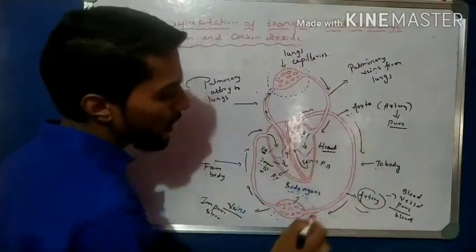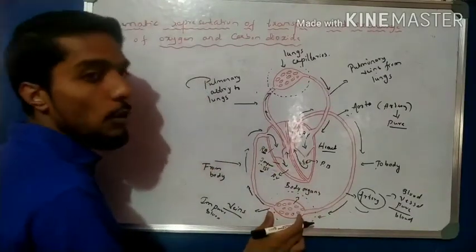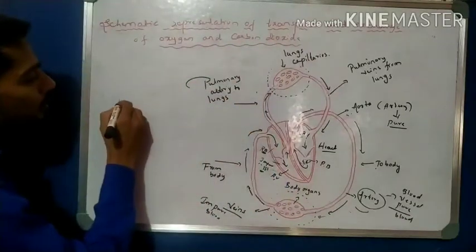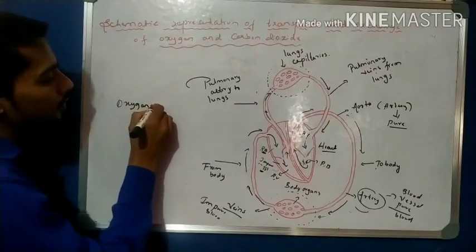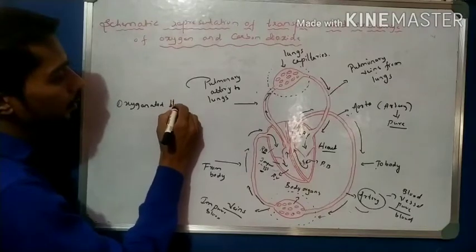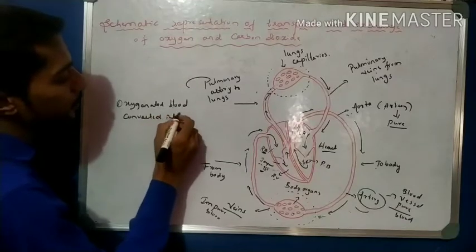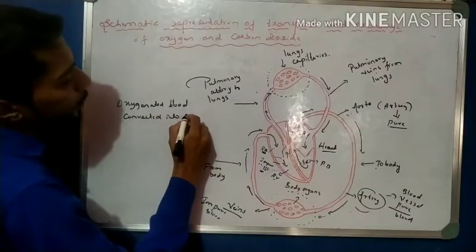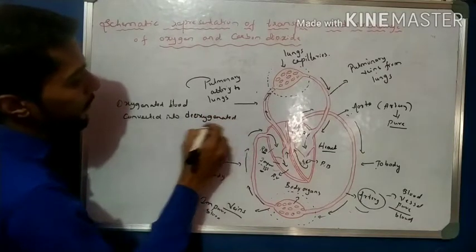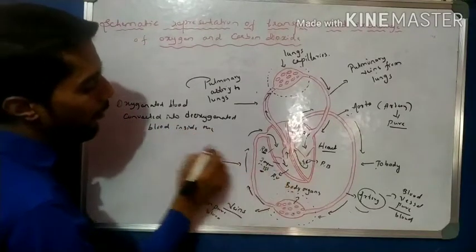So oxygen is exchanged here, oxygen is absorbed, and the blood is deoxygenated here. Okay, oxygenated blood is deoxygenated in the body parts, then deoxygenated blood is oxygenated in the lungs. So right here oxygenated blood is converted into deoxygenated blood inside the body organs, right?